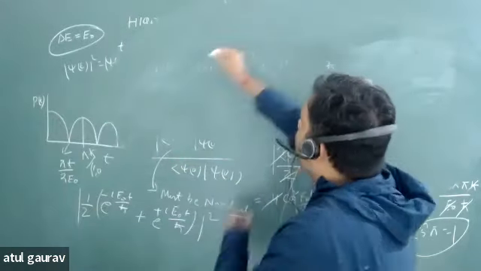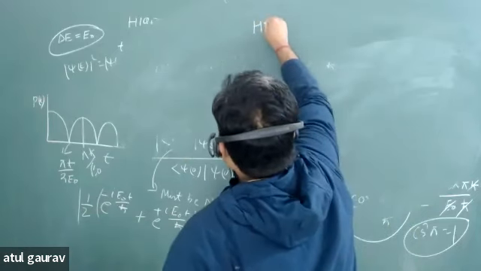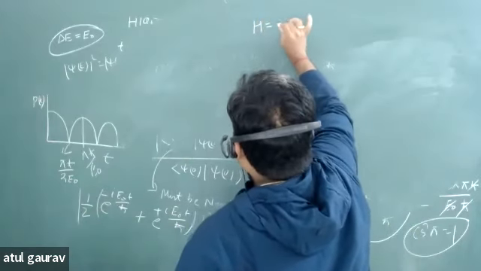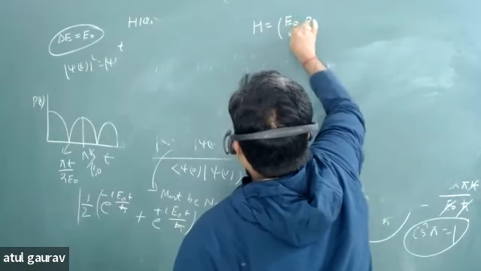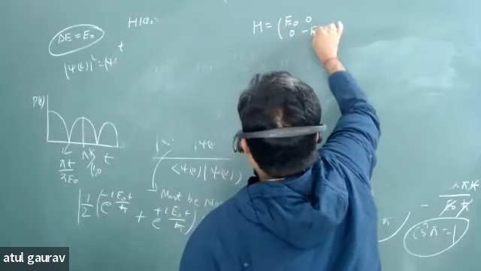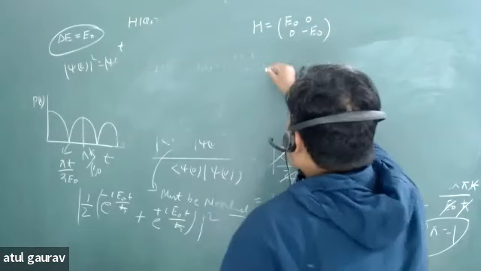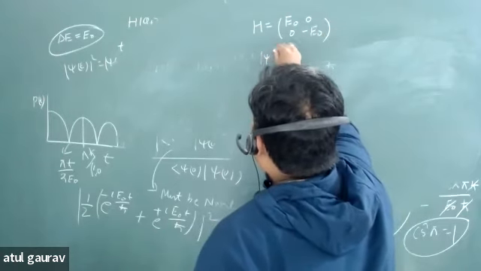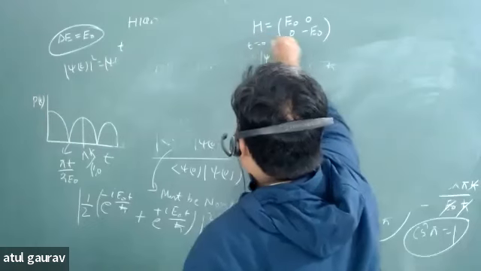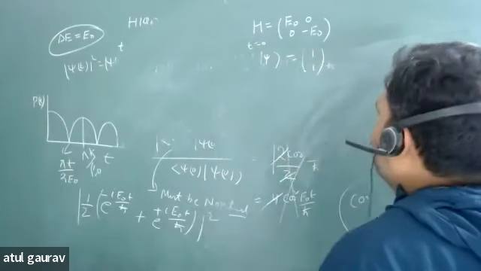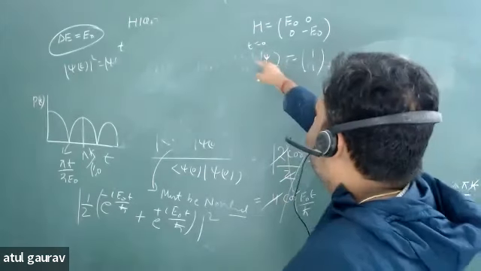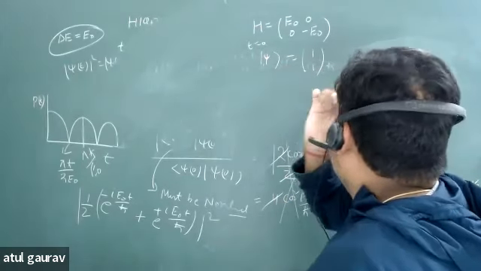So we have a Hamiltonian. Everything is okay? The Hamiltonian is [E_0, 0; 0, -E_0]. The state ψ at t equal to 0 is given as [1, 1].